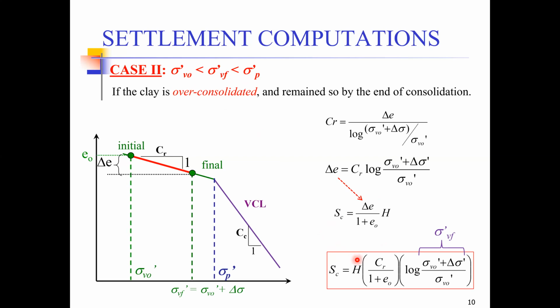In this expression, H is the total height of the soil in the field, CR is the recompression index, e naught is the initial void ratio that you can determine from the consolidation test. CR can in fact easily be determined from the slope of this graph. Sigma vf is the final stress level and sigma v naught prime is the initial stress level. So this is how we can solve the case for over-consolidated soil.